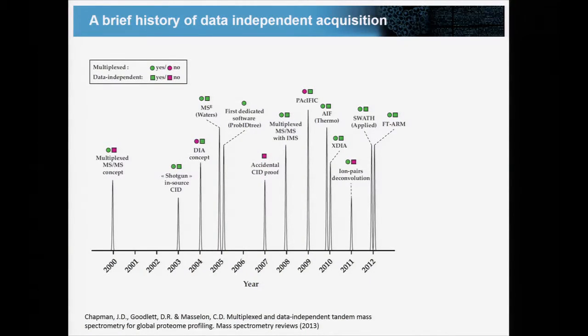This was the first implementation. MSE was the commercial implementation where they fragment everything at the same time. And there have been a bunch of others, including Pacific and AIF.